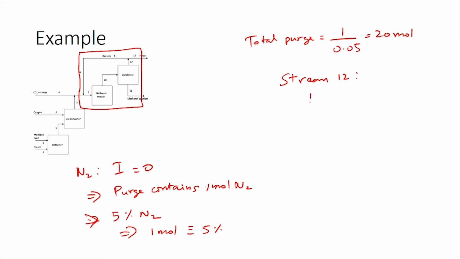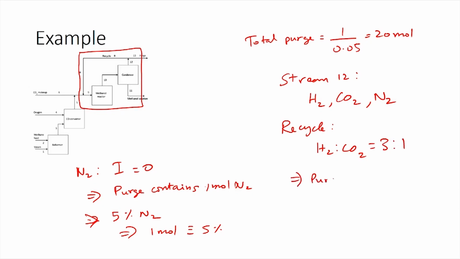Those non-condensable components would be unreacted hydrogen, carbon dioxide and nitrogen, which does not take part in the reaction. The problem statement also gives us that the recycle stream contains hydrogen and carbon dioxide in the ratio of 3:1. This means purge stream would also contain hydrogen and carbon dioxide at the ratio of 3:1.